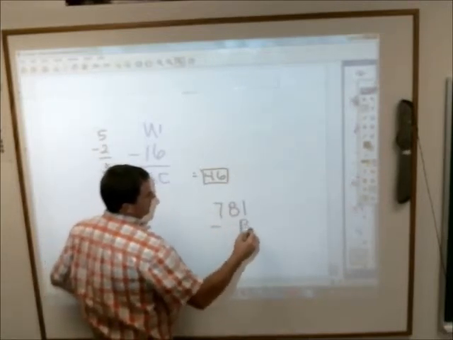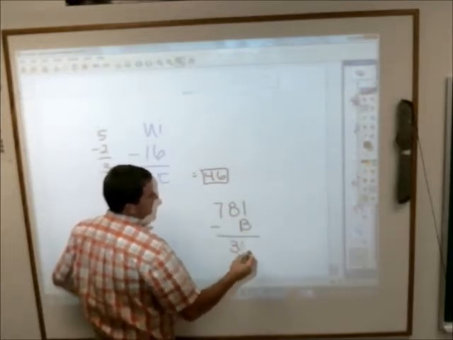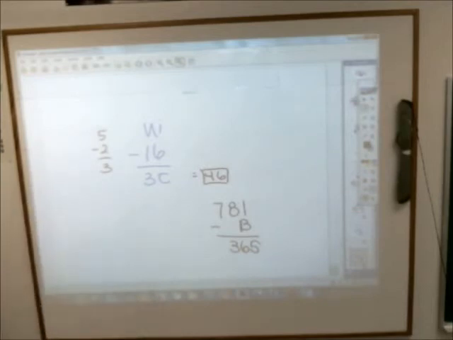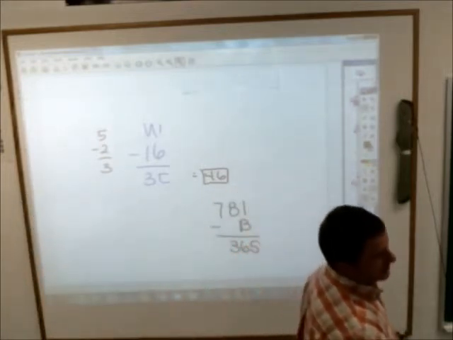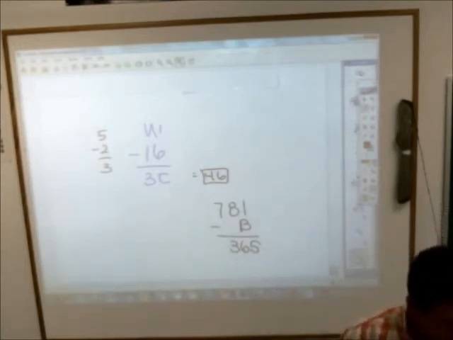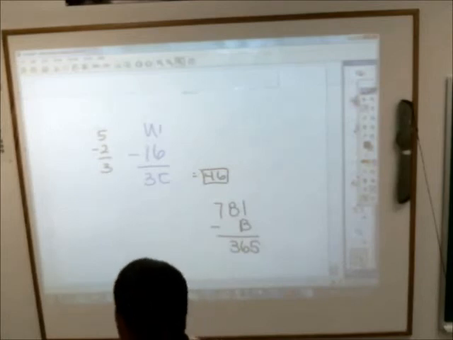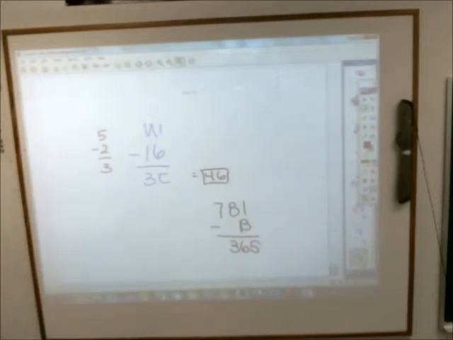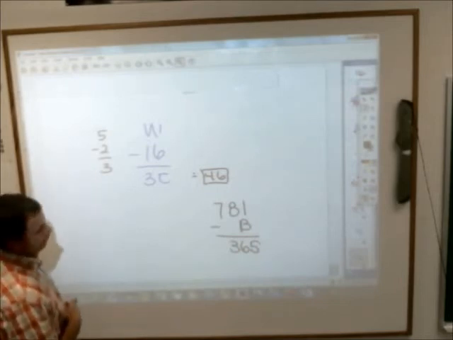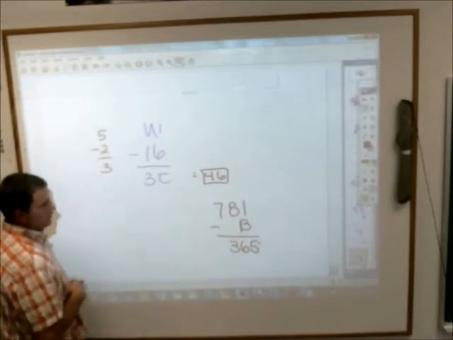781 minus the letter B equals 365. The survey says, Kelvin, 416.